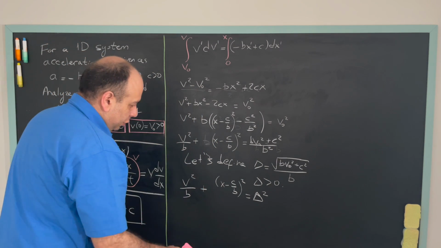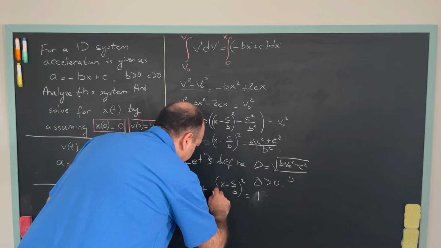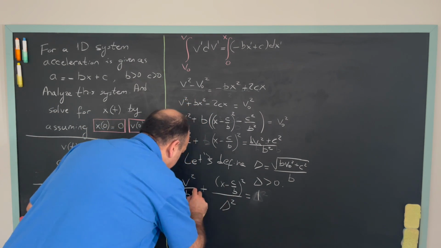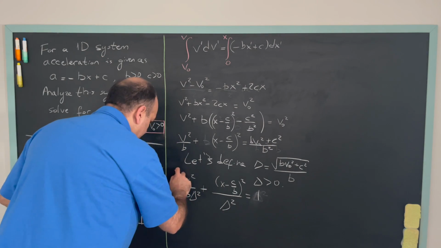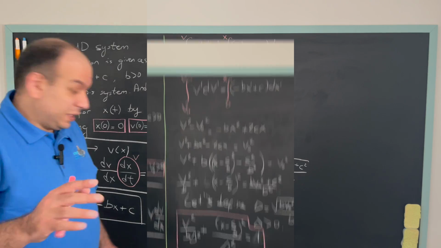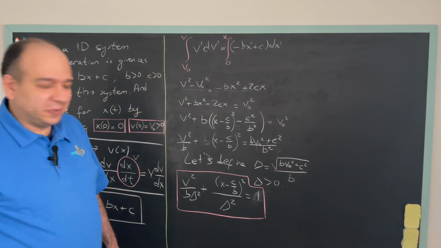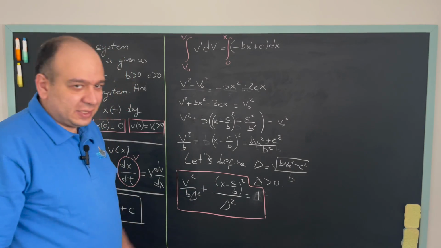Okay? So if I divide everything by delta square, this becomes 1. This is over delta square. This is also delta square. So I'll get this equation here. As you see here, this equation is nothing but the equation of an ellipse, right? On v and x space.